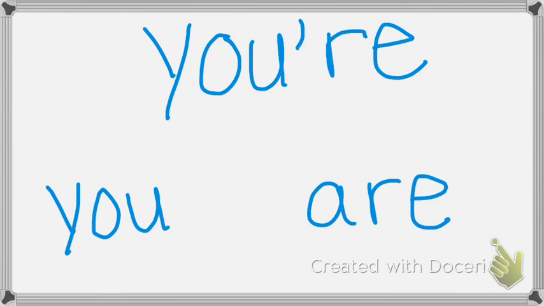So you use the word you're when you're trying to say you are. Instead of saying you are nice, you can say you're nice. So I took off the A and I used the R and the E, and the apostrophe takes the place of my A.